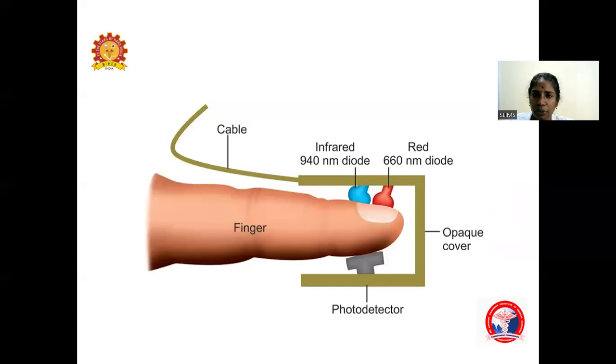So this is the picture. It works on the principle of Beer's law and Lambert's law, and we have the photodetector and the two electrodes which are kept on the nail bed, so that we can assess the saturation using the pulse oximeter probe.